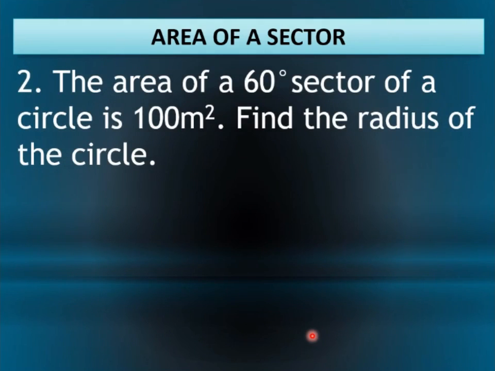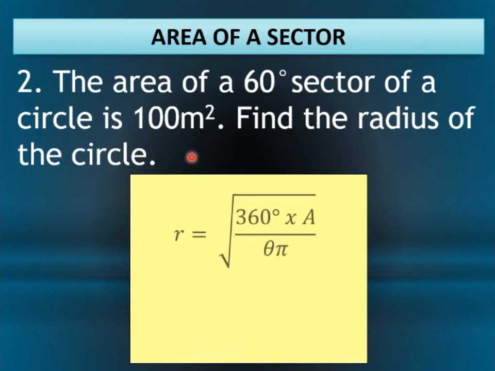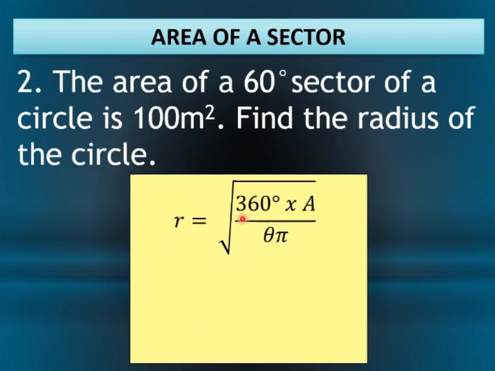Example number 2. The area of a 60-degree sector of a circle is 100 square meters. Find the radius of the circle. To find the radius, we use the square root of 360 degrees multiplied by the area of the sector over theta multiplied by pi.